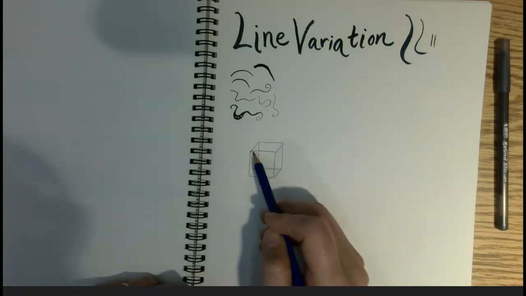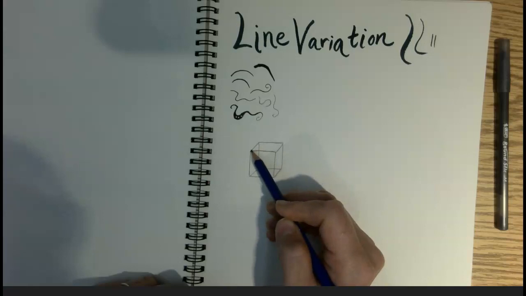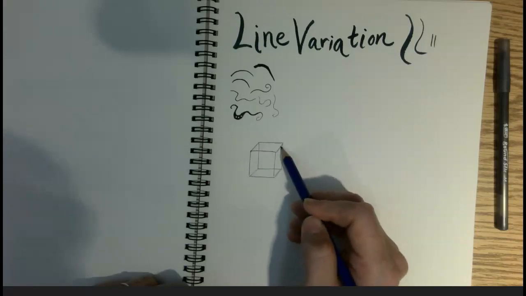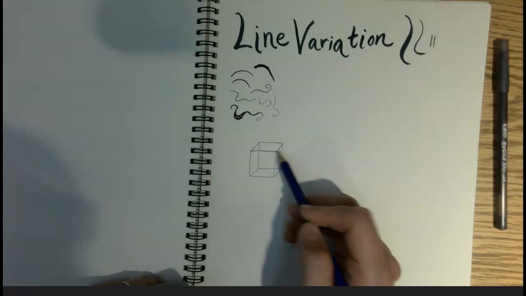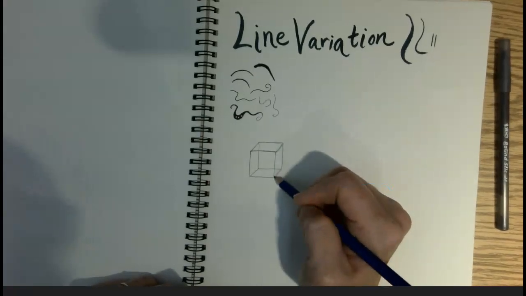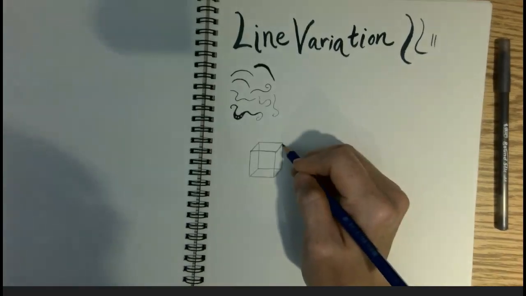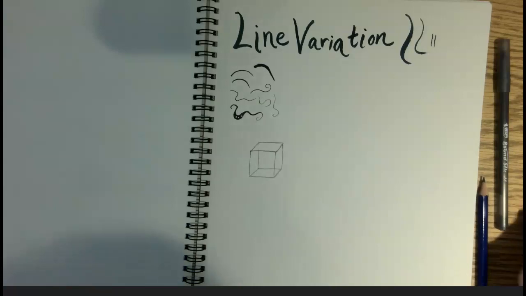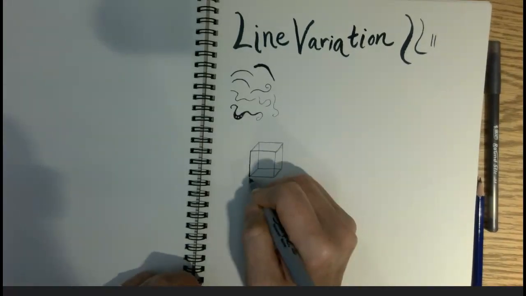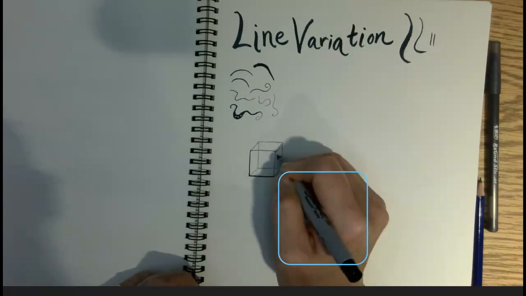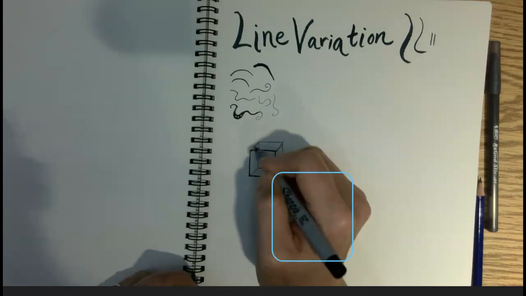And the idea here is that this line is parallel to this line, and this line should be parallel to that line here. Those two are parallel. So I'm going to try to adjust a little bit if I need to. So there I've got a cube that looks like a glass cube because it is see-through. And so to make that stand out a little bit more, I can go over some of these lines.